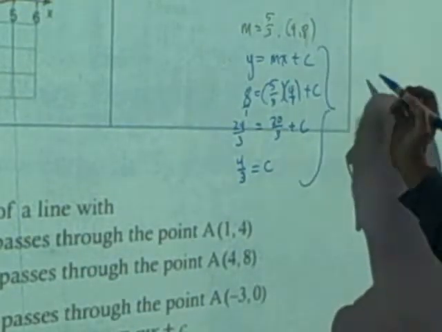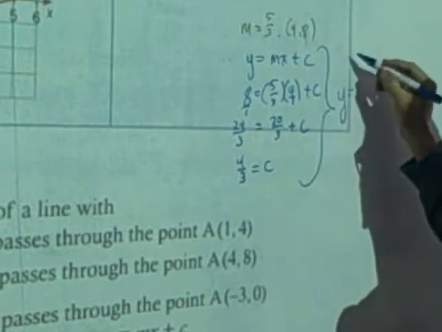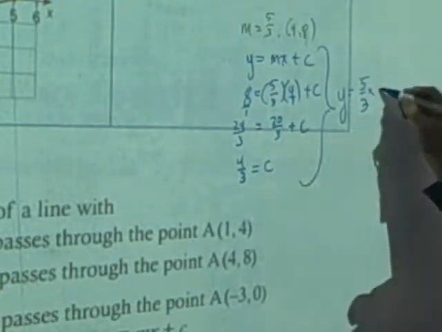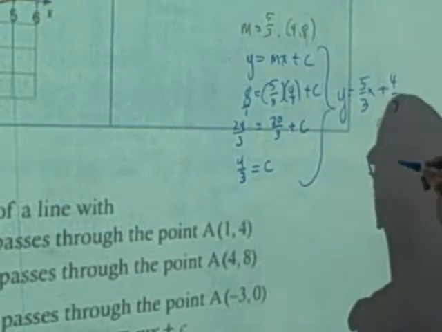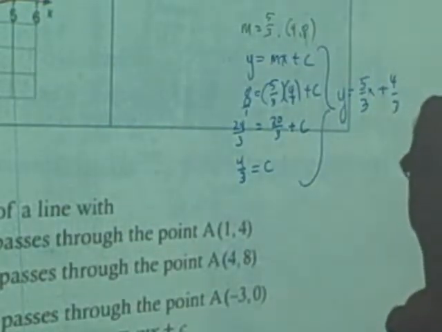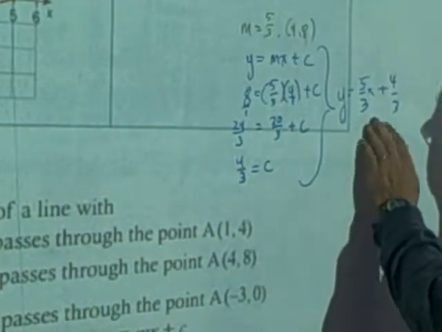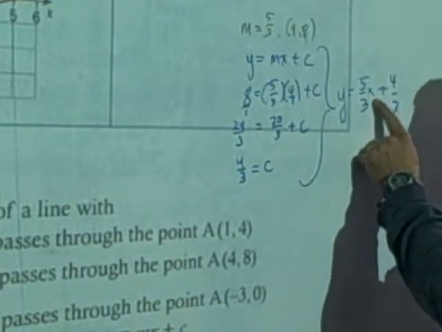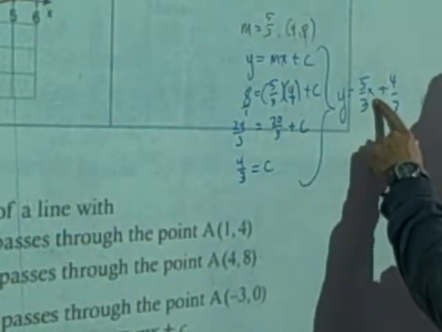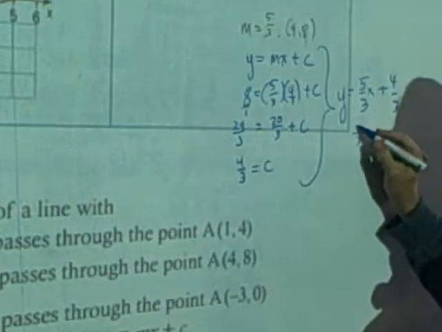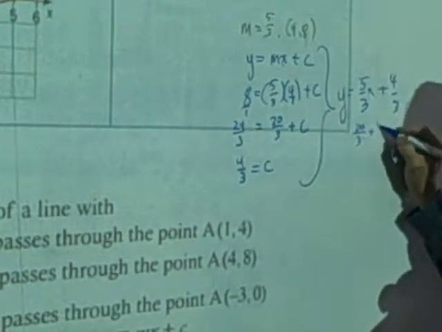I was given m, so I can put them together. And I can say y equals mx plus c. Check and see if the answer is consistent with the point that we're given. If I put 4 in here, I have 4 times 5/3. Looks pretty awful. 4 times 5/3 will be 20/3. Okay, I add 4/3 to it.